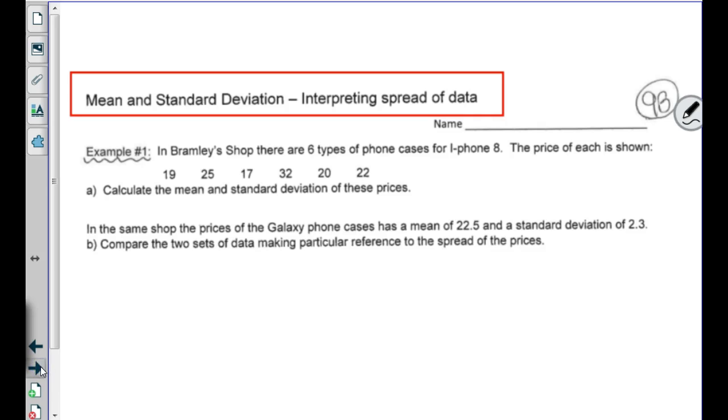On to the next page. Right? Is that everything on that page? Okay. This says in Bramley's shop, there are 6 types of phone cases for iPhone 8. The price of each is shown. Calculate the mean and standard deviation of these prices. So we're going to type these numbers into a list and do the one variable stats and find the mean and standard deviation.